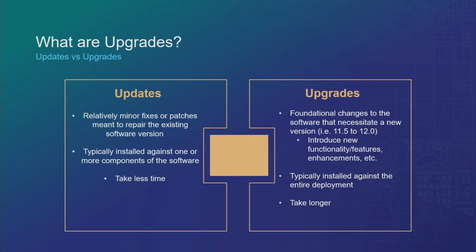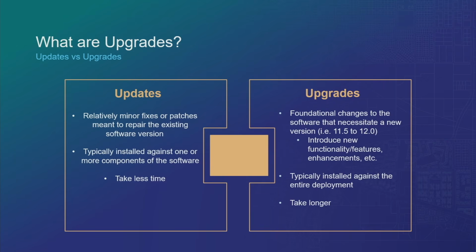So now, what are upgrades in the context of ArcGIS Enterprise? Well, one helpful way to understand this is in contrast with a word we hear commonly used, which actually means something different in the context of ArcGIS Enterprise, and that is updates. So updates are going to provide relatively small fixes for the existing version of the software.